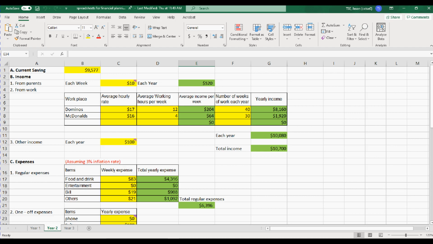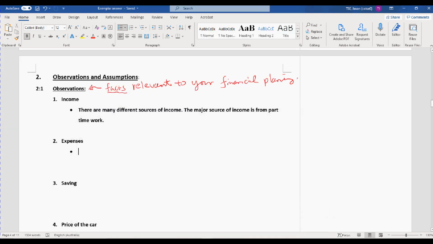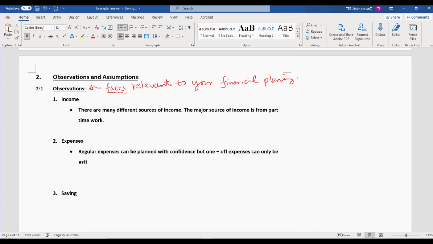So you might say something like, regular expenses can be planned with confidence. One-off expenses can only be estimated.